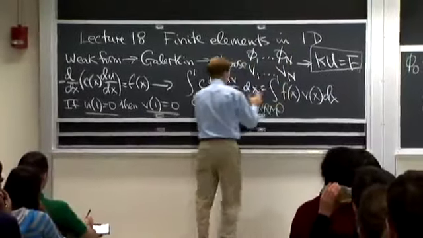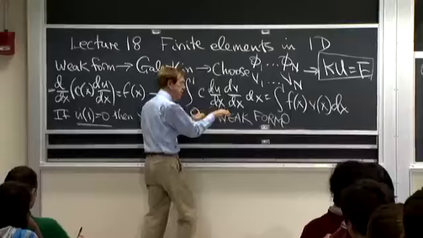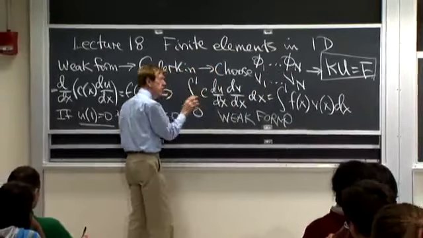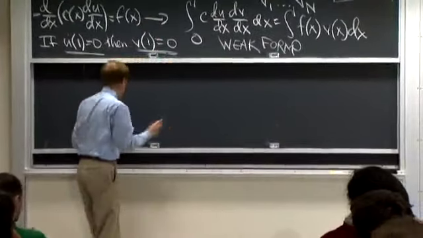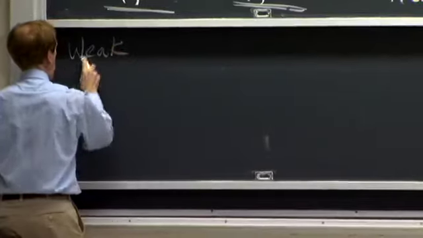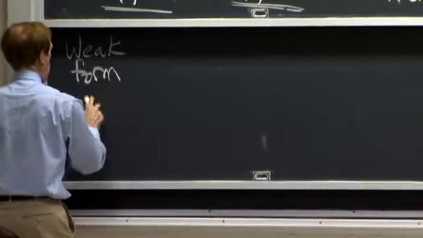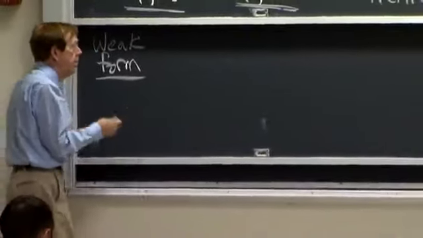This is the weak form before we've made it discrete, before we've chosen the n phis. Okay, now let's choose the n phis. So now this will be the weak form, again the weak form, with Galerkin, after the decision.